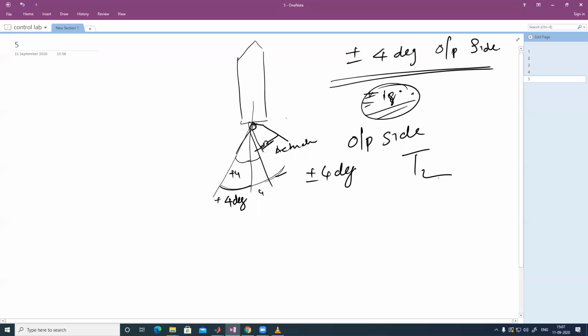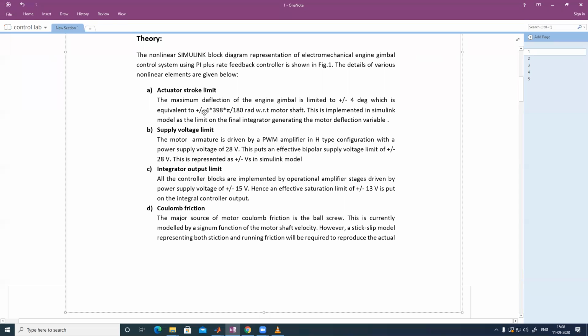It is on the output side, that is the load side. In the simulation you are not using anything on the load side, you are only using theta of m. So you have to convert this load 4 degrees to the motor side. For that purpose, you multiply it with the gear ratio, that is 398, and convert that degrees into radians. That is why plus or minus 4 into 398 into pi by 180 is your maximum output deflection.